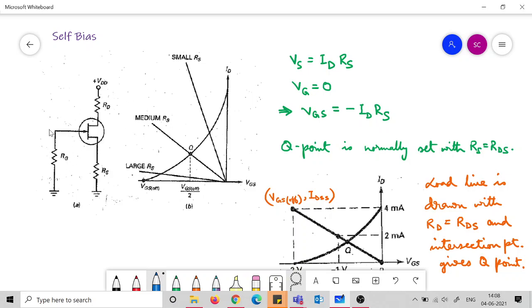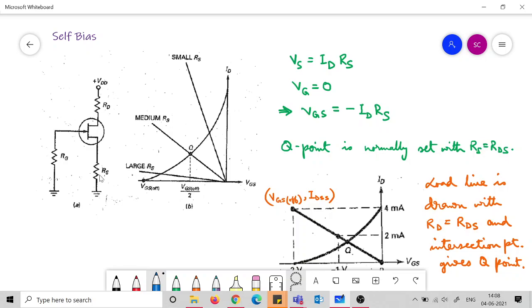So we are just setting up the bias, setting up the Q point. The Q point needs to be in the active region. How are we able to do that? This is called self bias because the VDD voltage biases the transistor itself, so there is no additional biasing voltage VGG required. That is why it is named self bias.